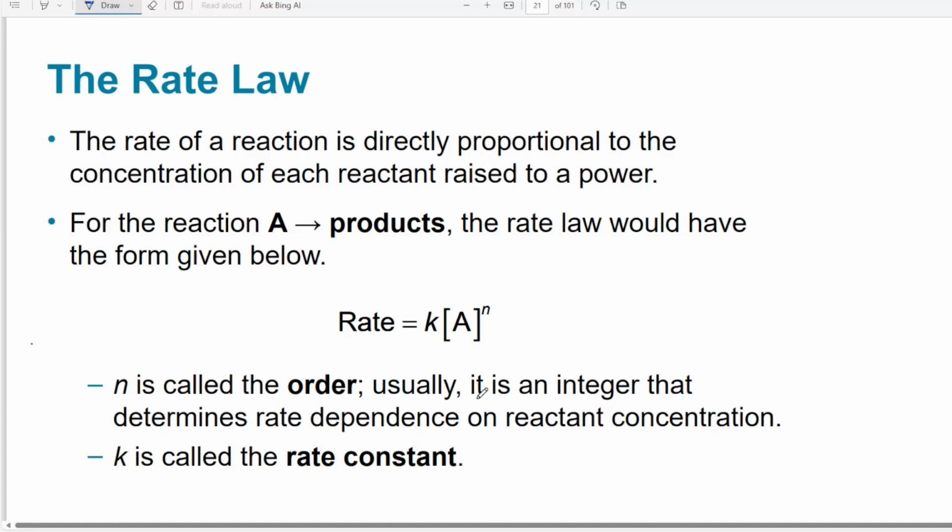You rarely see situations where it isn't an integer, but we are going to see a situation like that in the examples. k is the rate constant, and that's just a proportionality constant relating the rate to the concentration to the power.